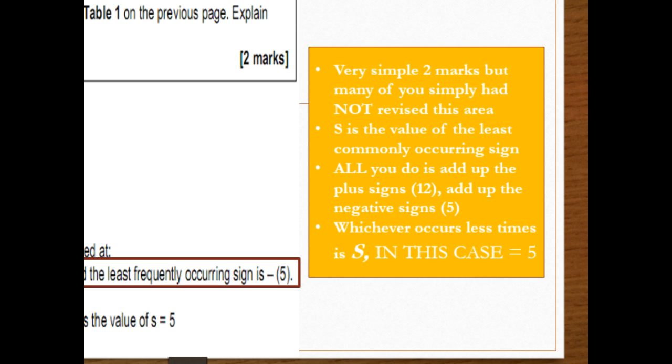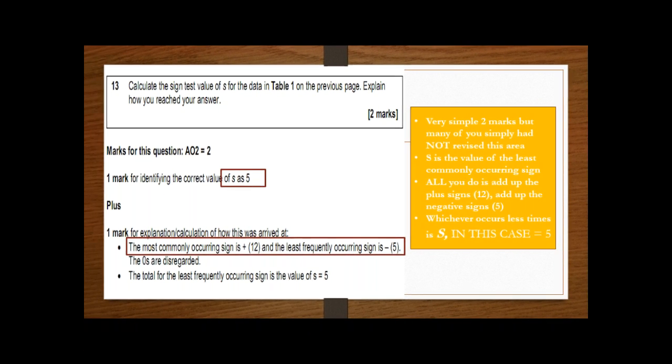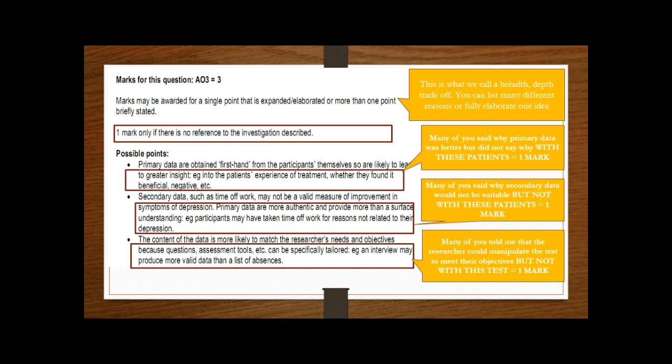So all you had to do was add up the plus signs, which was 12, and add up the negative signs, whichever occurs less times is S. So in this case, S occurs 5 times because the less frequently occurring sign was negative, so that therefore gives you S. That is simple and straightforward. That's all you had to do. But if you hadn't revised it, then obviously you wouldn't know what the S stood for. So yeah, a lot of you just drop really silly marks here, so you need to be really careful.